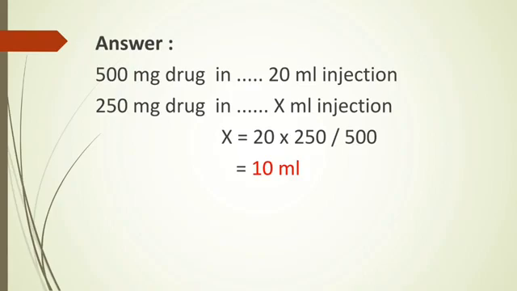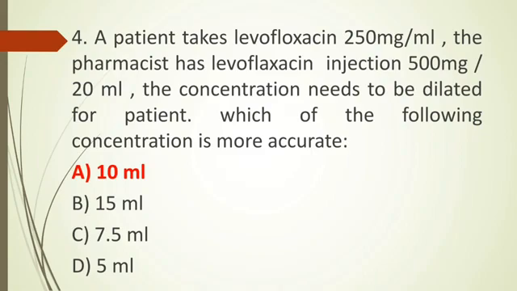So that will be present in X ml of injection. Like the first question, here also we can apply the principle of cross multiplication. The value of X can be found by cross multiplying: 250 into 20 divided by 500, which is equal to 10 ml. So here the correct option is option A, 10 ml.